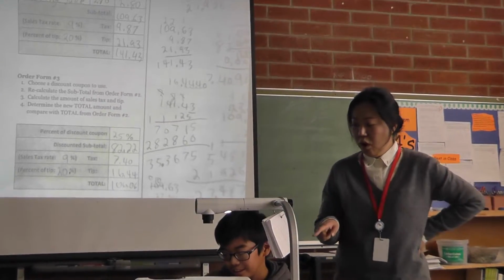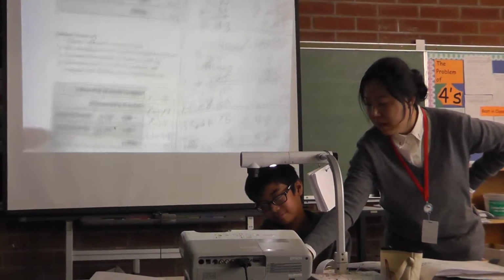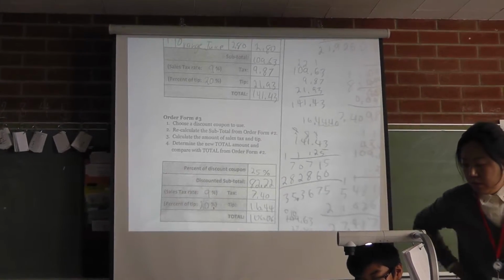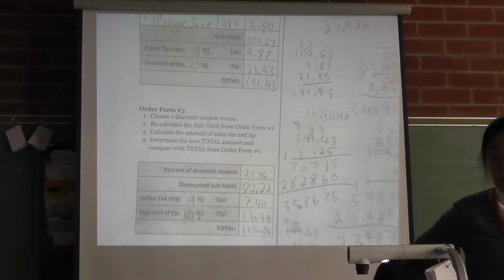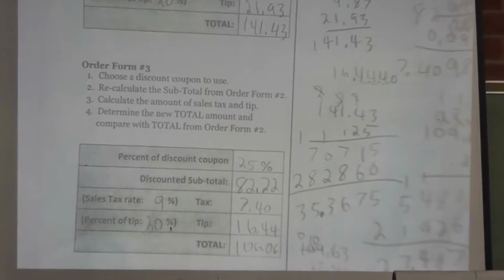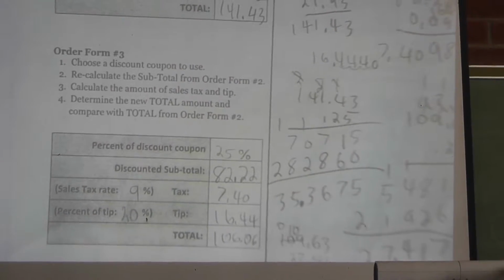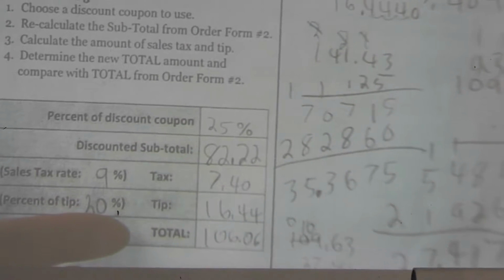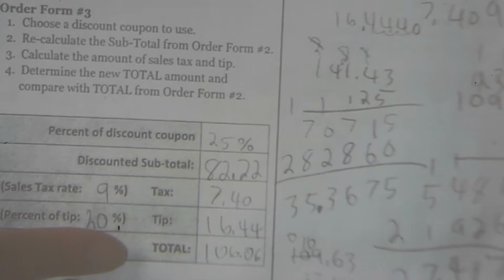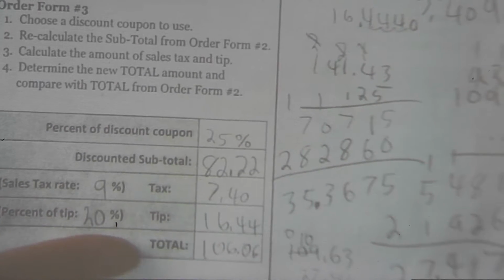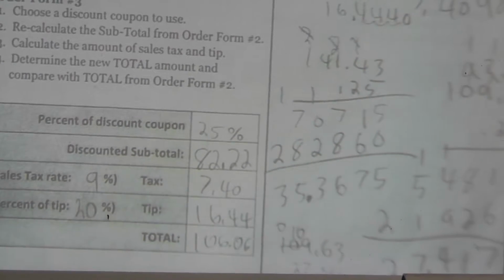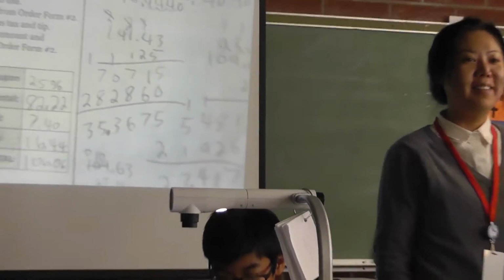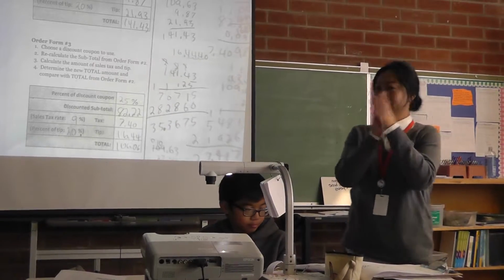You apply this tip percentage to the discounted subtotal. Then I added it all together and I got $106.06. So what does this total mean in this situation? The final price. That's how much you have to pay. Good, that's good.